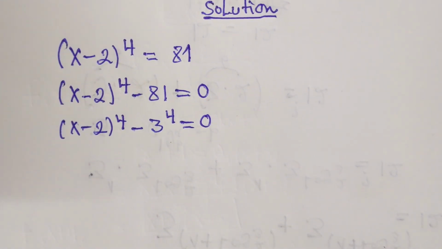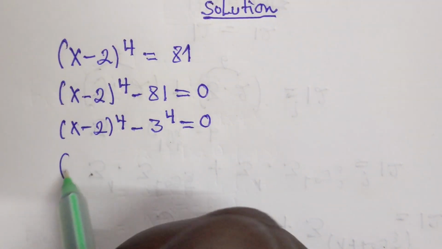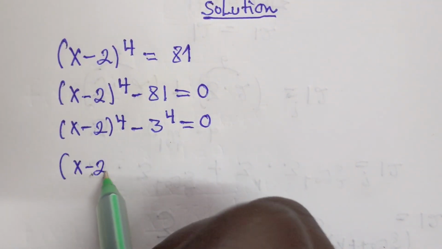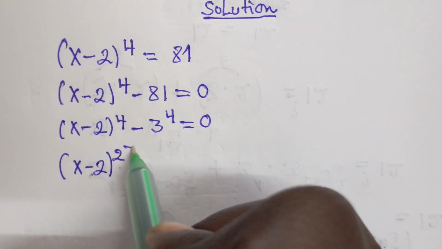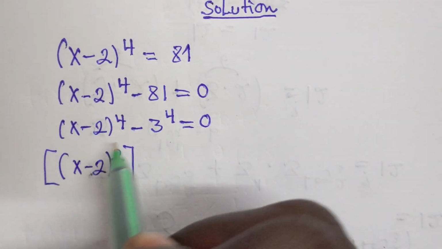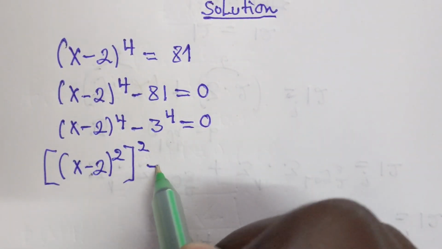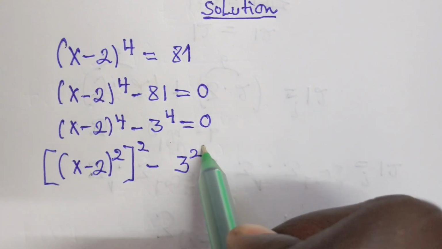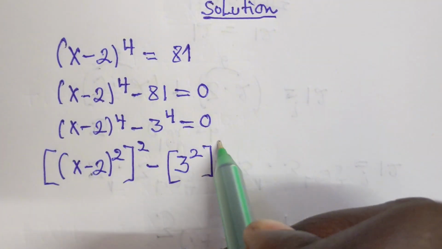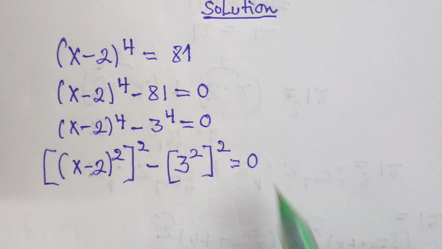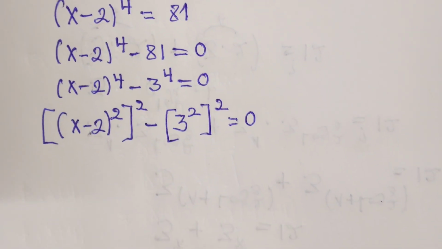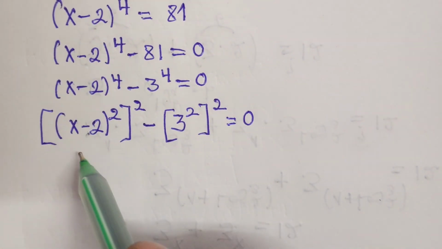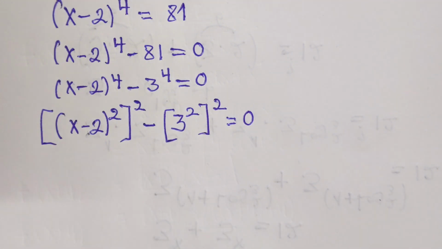Right. Well, we have to change this one into a difference of two squares by writing ((x minus 2)^2)^2 minus (3^2)^2 to be equal to 0. Okay, to mean this is a squared and this is b squared.